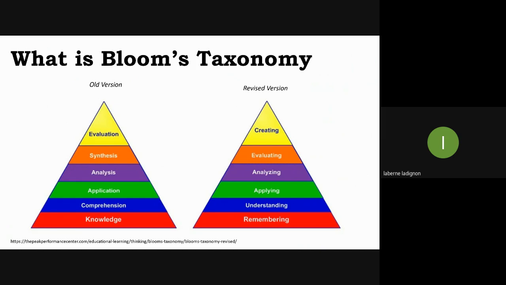Instead of knowledge, it is now called remembering. After that is understanding; the old version is comprehension. Then after understanding is applying; the old version is application. Then analyzing; the old version is analysis. Then evaluating, the old version of which is synthesis, and creating from evaluation.